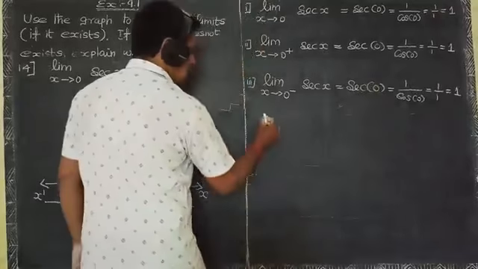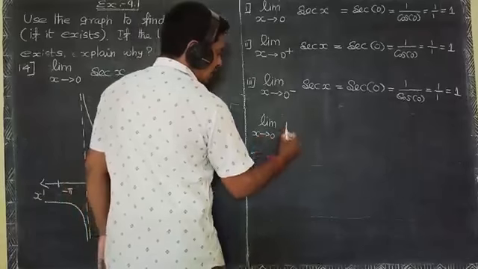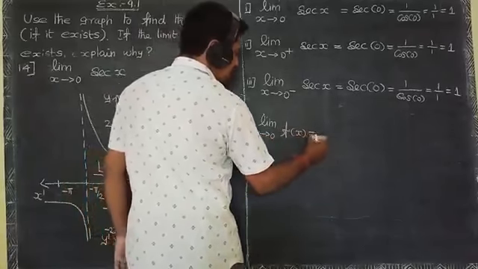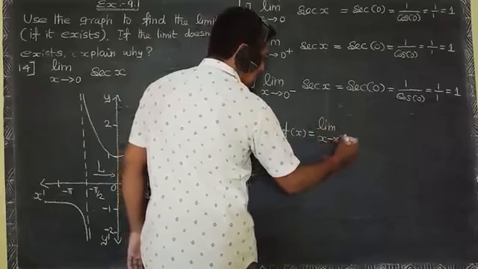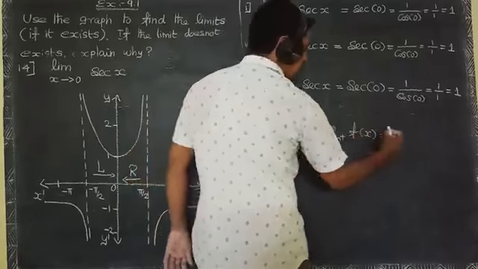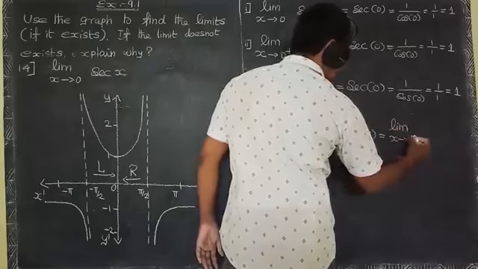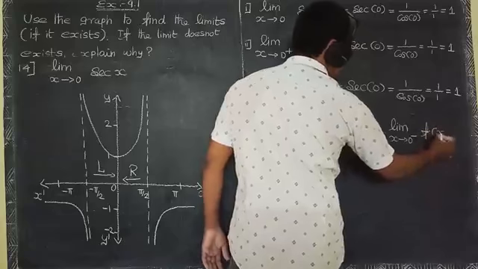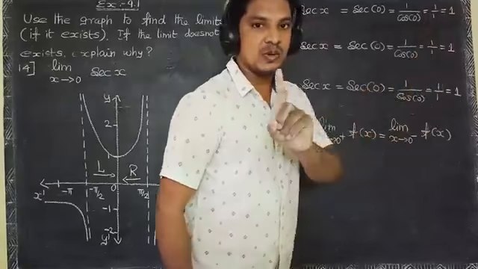Therefore the limit as x approaches 0 of f of x is equal to the limit as x approaches 0 plus of f of x, which is equal to the limit as x approaches 0 minus of f of x. All are equal, that is a unique real number, 1.